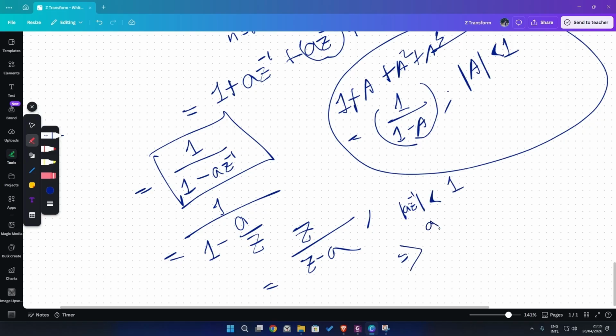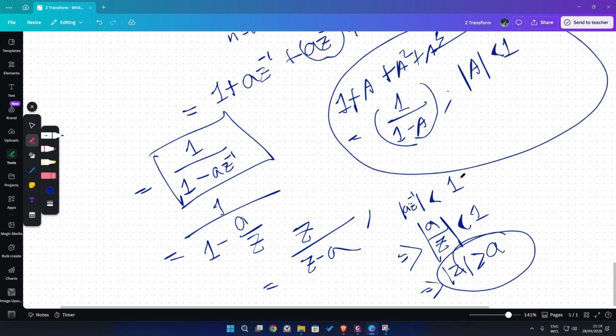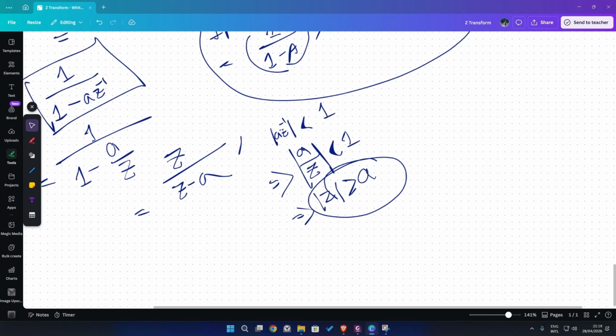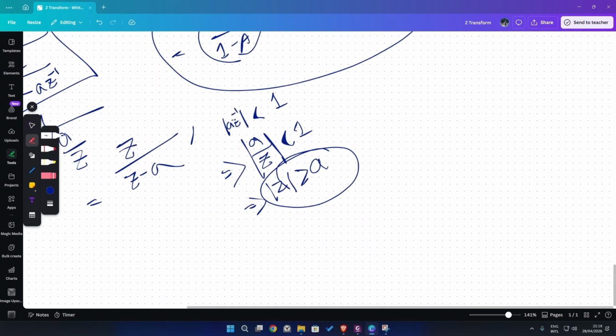So if I simplify it further, at last it will look like this. By doing this we have already found the ROC, which will be modulus of z greater than modulus of a.